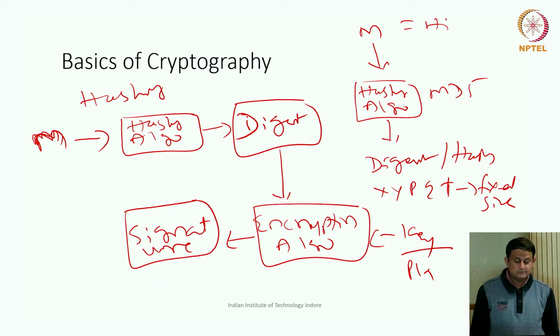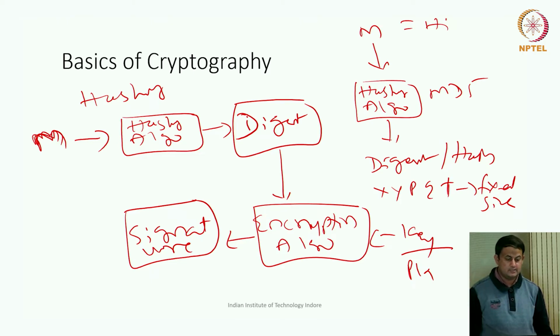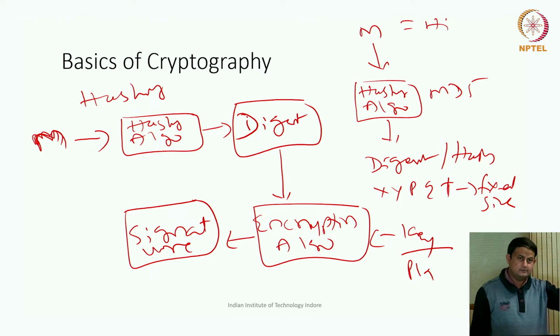Since the private key is only known to me and the public key is known to everybody, once I send an email, I attach my signature at the end of my email communication, so that the recipient can use my public key to decrypt this signature and get back the digest.